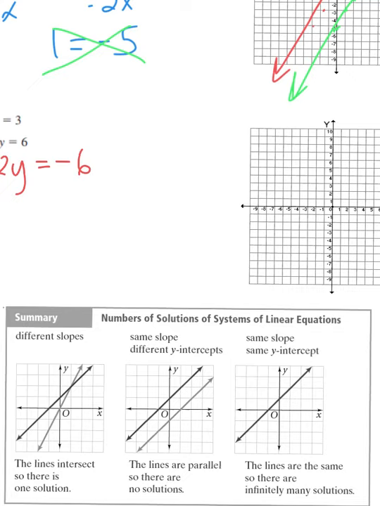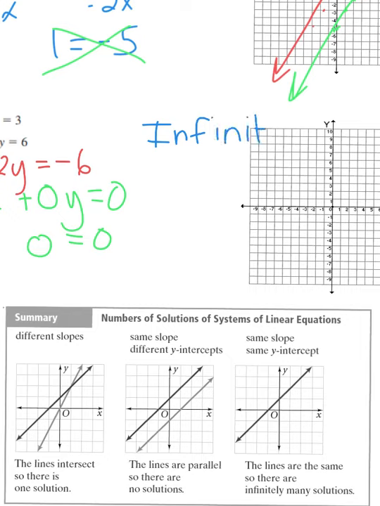Adding the second equation and then the new equation on the bottom, I'm going to get 0x plus 0y equals 0. Well, this will just be 0 equals 0. This is a true statement, so this means it's going to be infinite solutions.